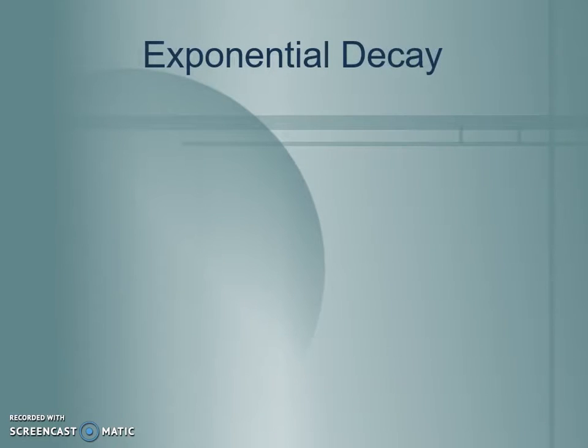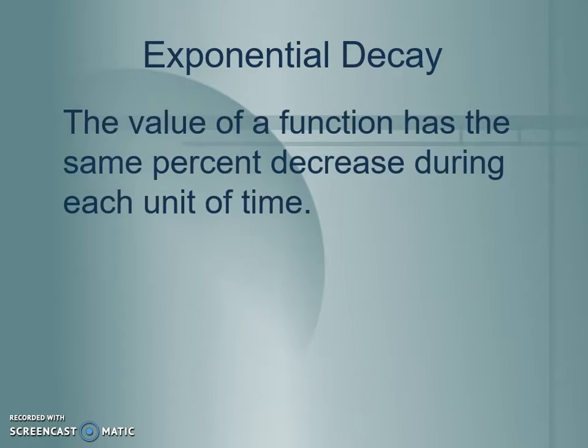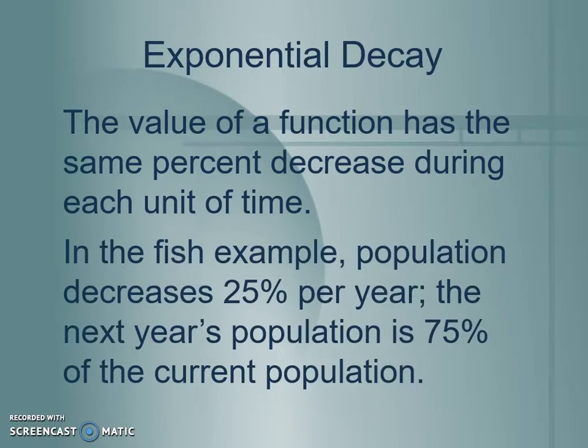So similarly, exponential decay is whenever the value of a function has the same percent that decreases during each time. So in the fish example, it says, at some point the conditions necessary to sustain this growth cannot be maintained. So I don't know, maybe there's a parasite in the water, it starts killing our fish instead of them growing at 50% per year.